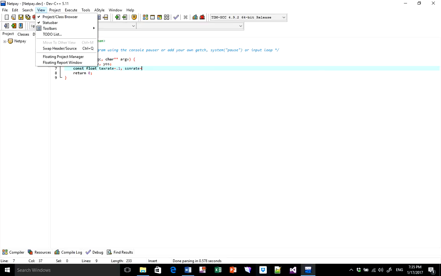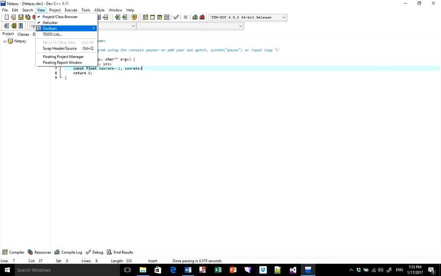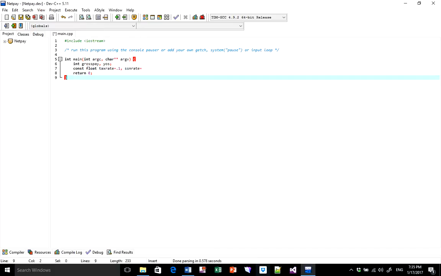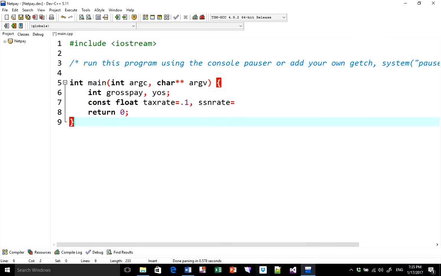There's a way to zoom this in. What about control scrolling? Will that work or not? Control scroll. Yeah, you're right. Yeah, thank you. All right. So make it as big as possible there.